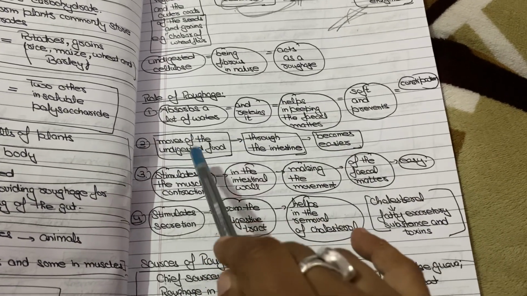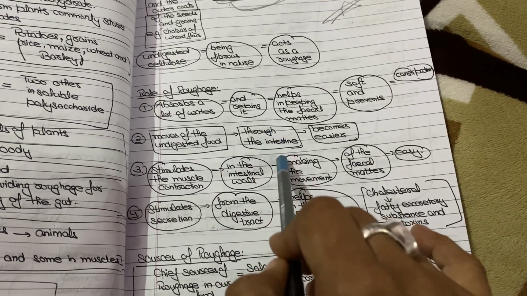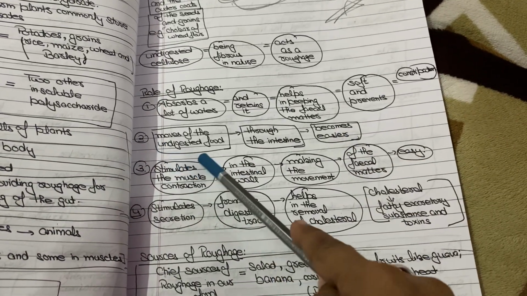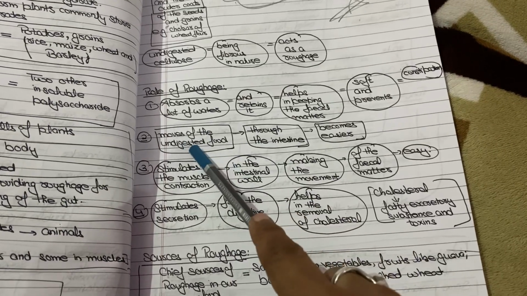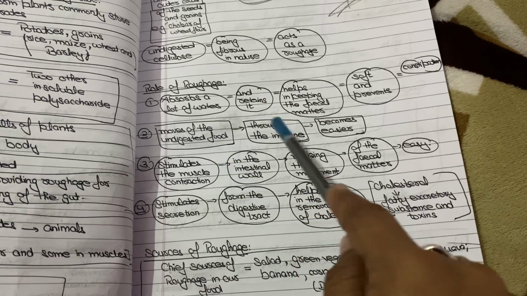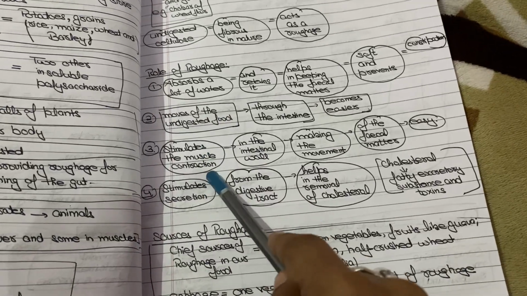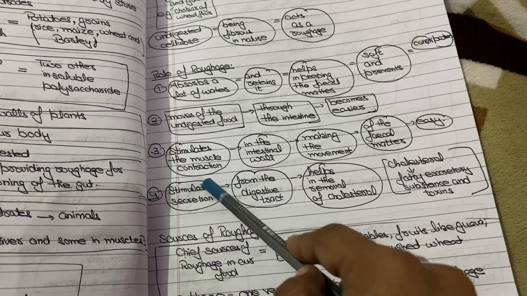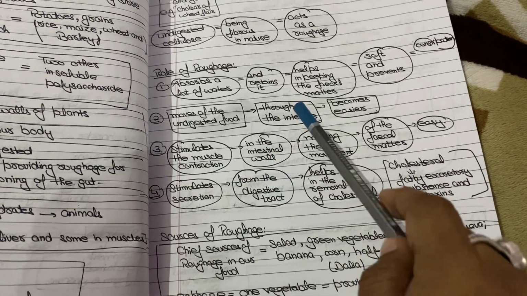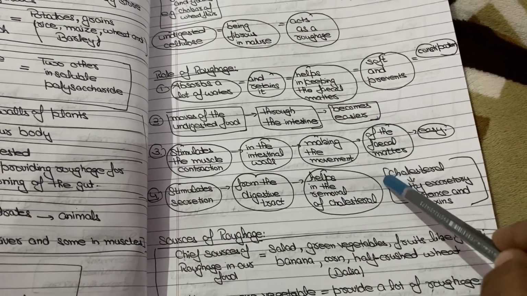It moves the food which is not going to digest in our body through the intestine, making the process smoother. Next, it stimulates muscle contraction, muscle को tight और loose करना in the intestinal wall, making the movement of the fecal matter easy.